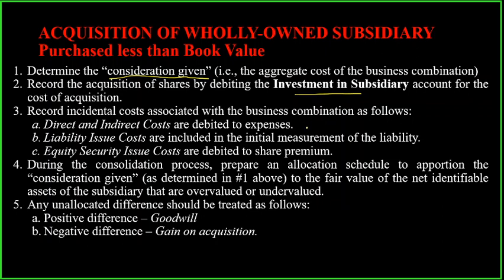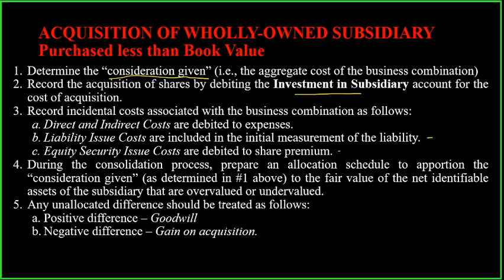We already discussed this previously. Direct and indirect costs will be automatically recorded as expense. Liability issue cost is part of the initial measurement of the liability, and equity security issue cost will be debited to share premium. This was already discussed in our previous meetings.